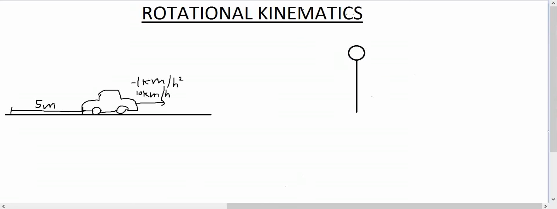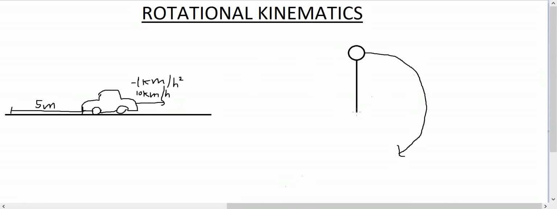Basically, this ball is spinning around and around and around. So displacement, velocity, and acceleration can also be applied to angles as well.